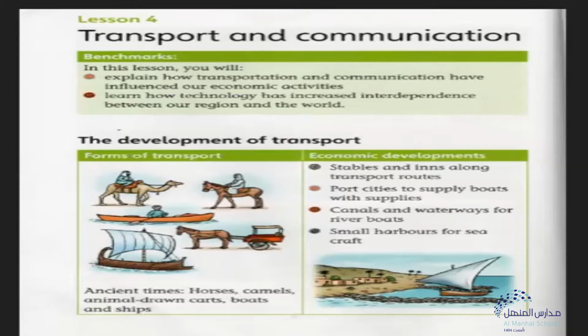The port cities were supplying the boats, the canals and waterways were for riverboats, and the small harbors were for sea craft.